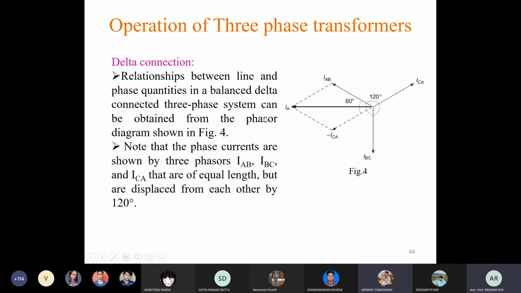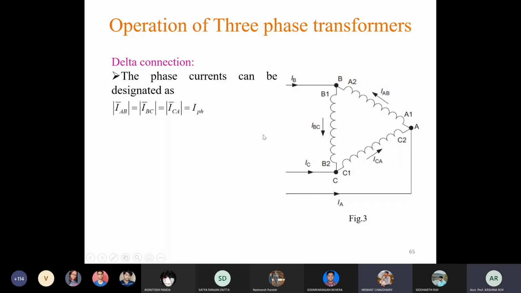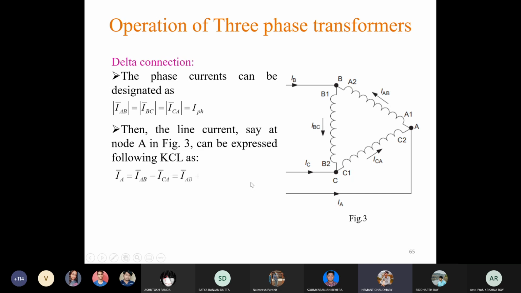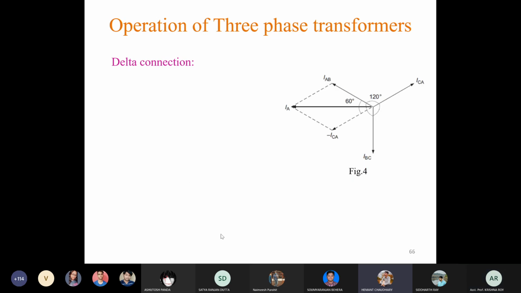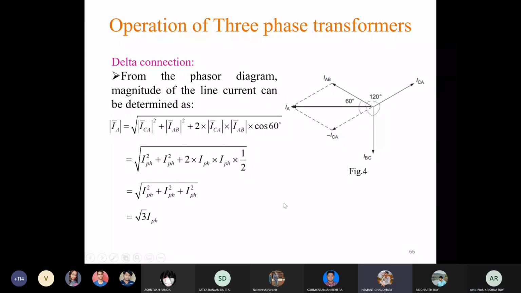So using this phasor diagram, we can calculate the line current IA. So let us consider all the phase currents are equal for a balanced system. So here I phase is the phase current, and this is the KCL equation as I have already mentioned. And from this phasor diagram, the line current is equal to √3 I phase.